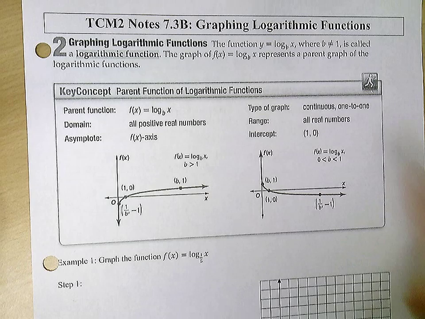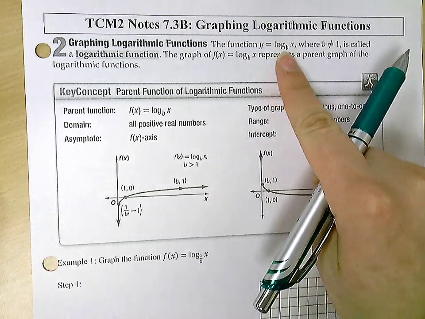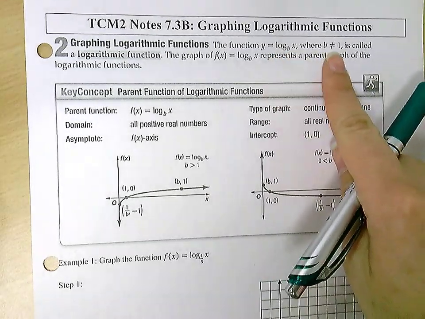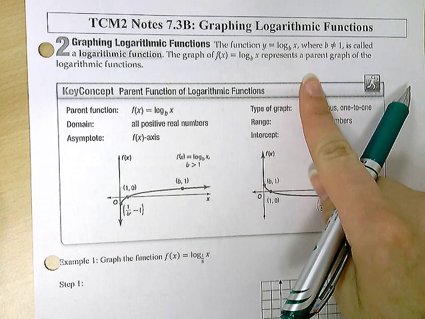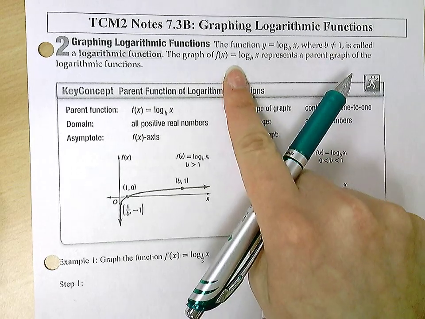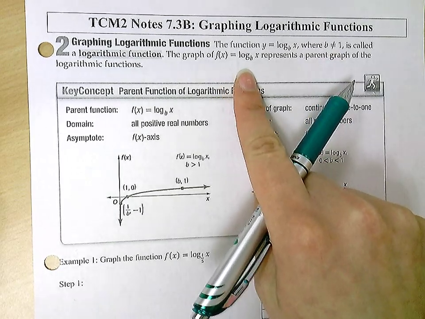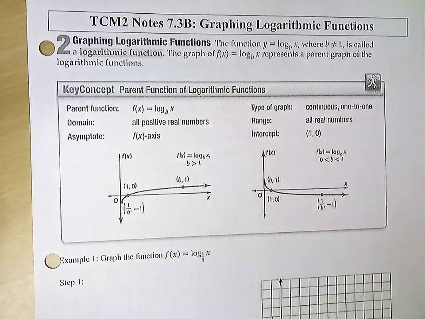The function y equals log base b of x, where b cannot equal 1, is called a logarithmic function. The graph of f of x equals log base b of x represents a parent graph of the logarithmic functions. So we still have this parent graph, and we can use it to translate our logarithmic function as well.